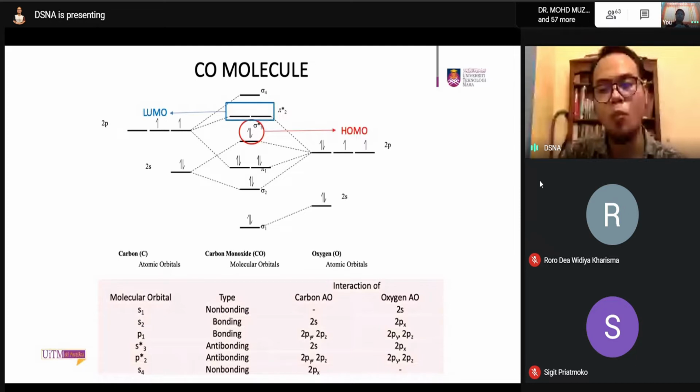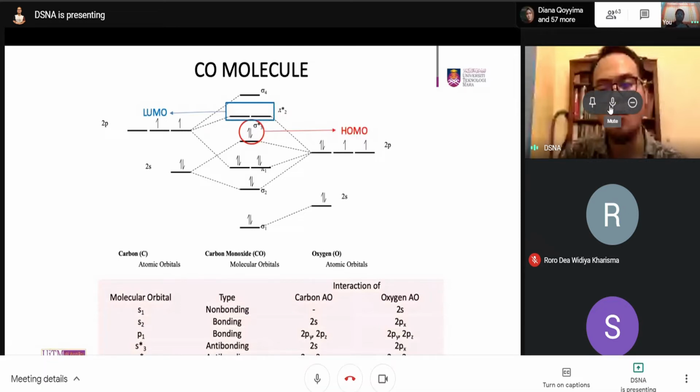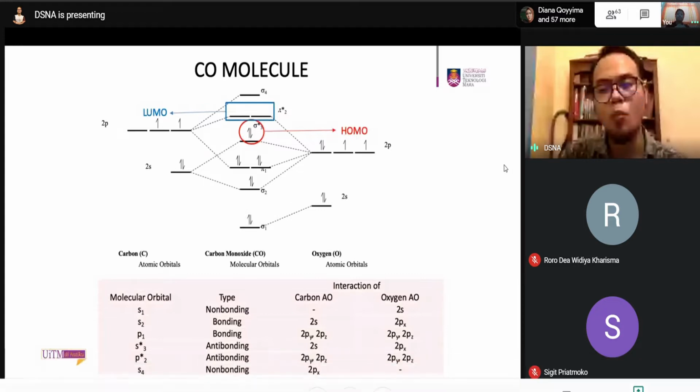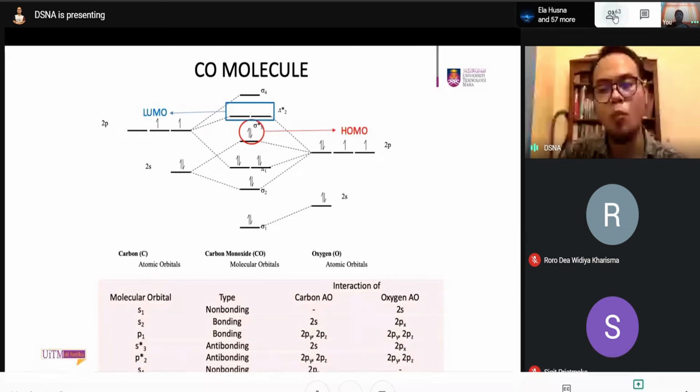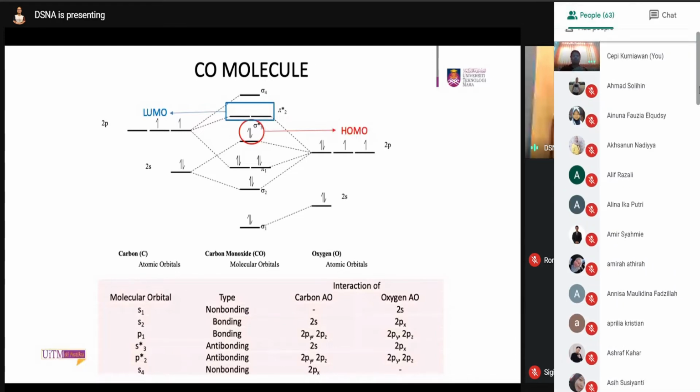Just a glimpse through. So this is the carbon monoxide molecule. We use this ligand to complex with various types of transition metals later, so we are going to use this ligand as our reference. Of course, in the real world, we can have more than carbon monoxide.